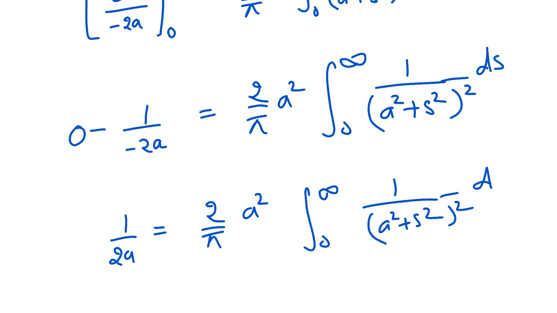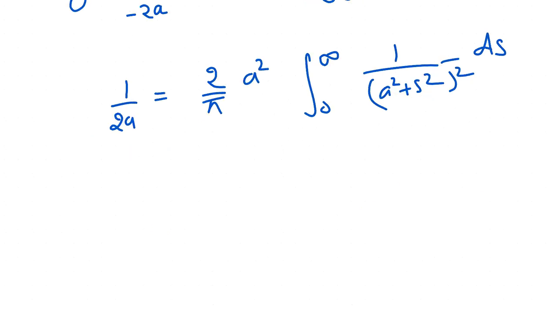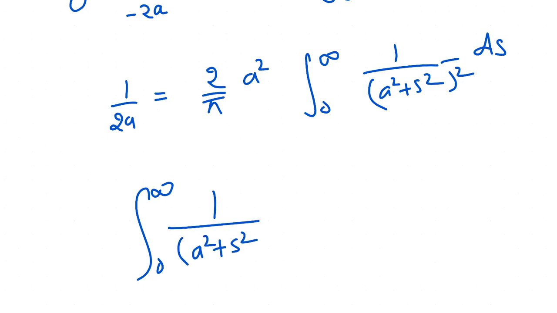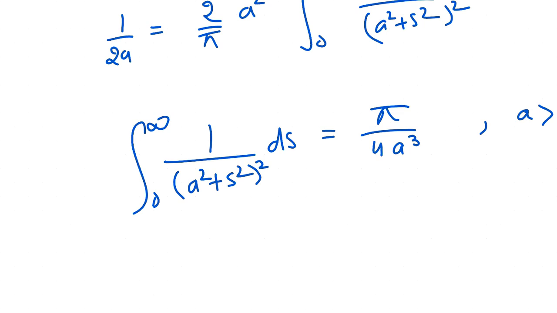And now we can write this as the integral from 0 to infinity of 1 upon a square plus s square whole square ds is equal to pi over 4 a cube. And they have given us a is greater than 0, it means positive. We found here for s.